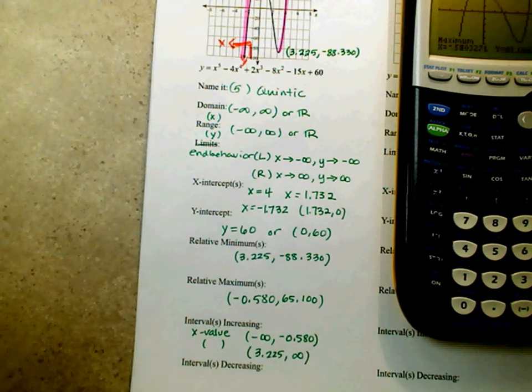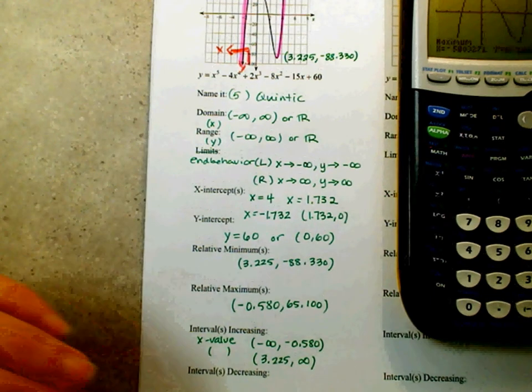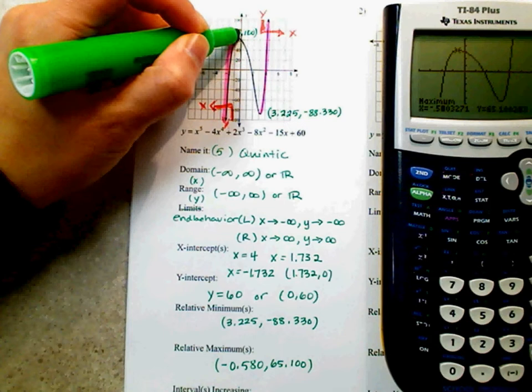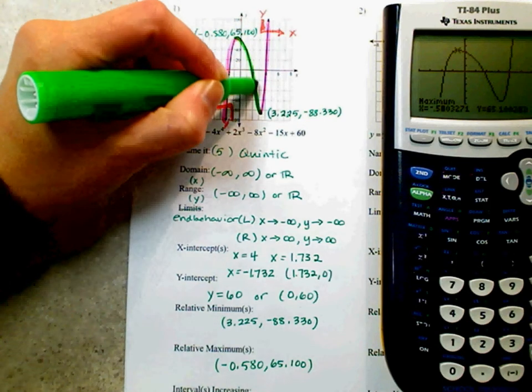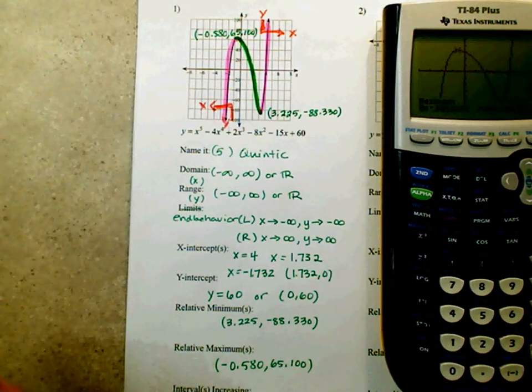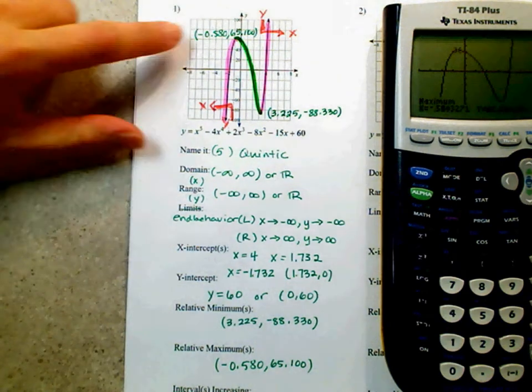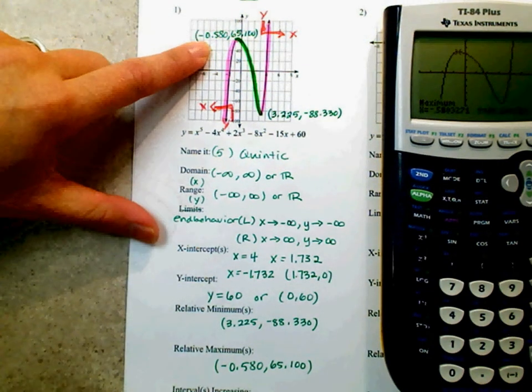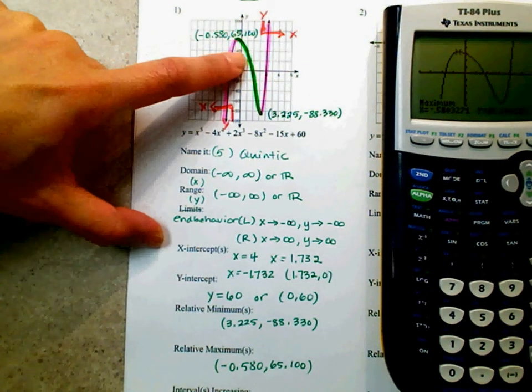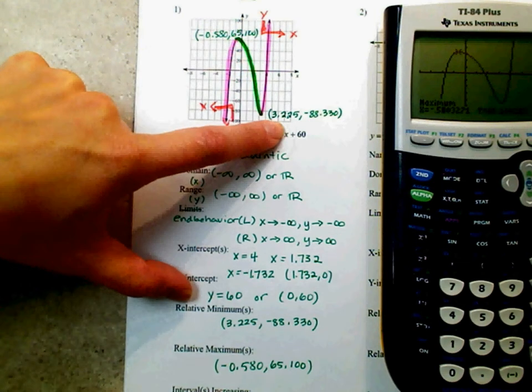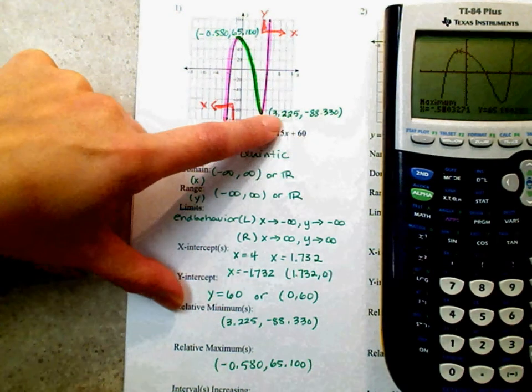Let's look at your decrease. Okay? Decrease starts from here and it comes down. See how it goes down from left to right? There is your decrease. Where are you starting in your x value? Right here. And where does it stop? It stops at this x number. So here we go.